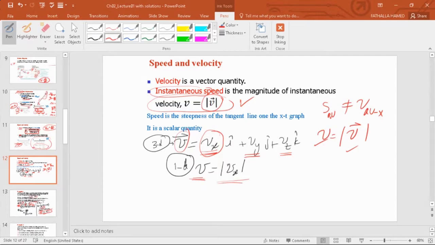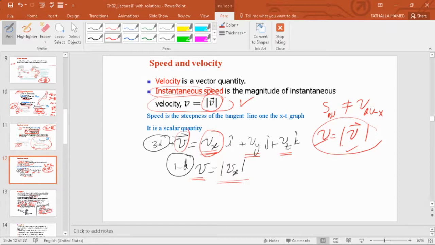Average velocity and average speed are not related, but speed and velocity are related. The speed is the absolute value of the velocity, meaning it is the magnitude of that vector.